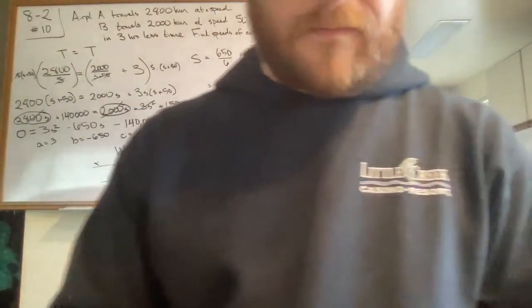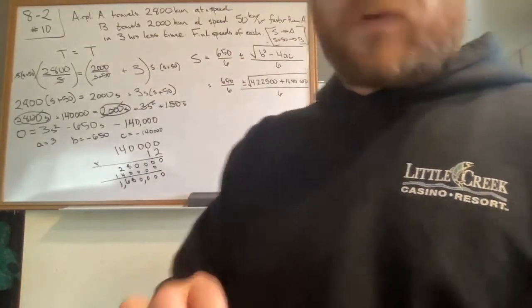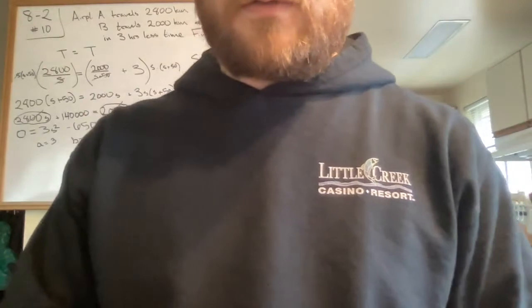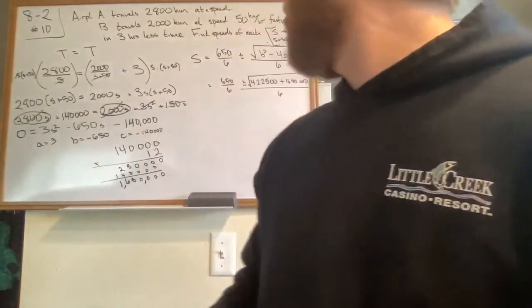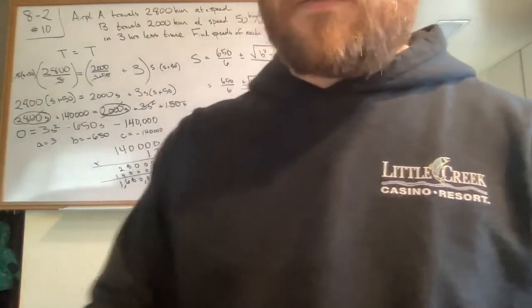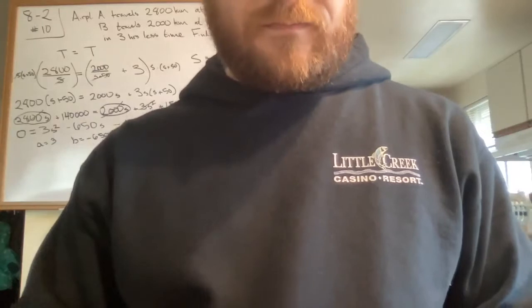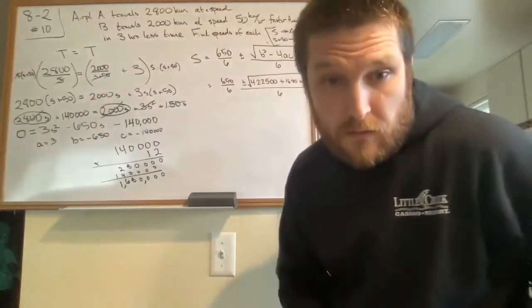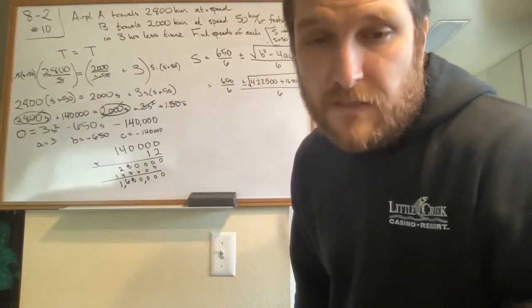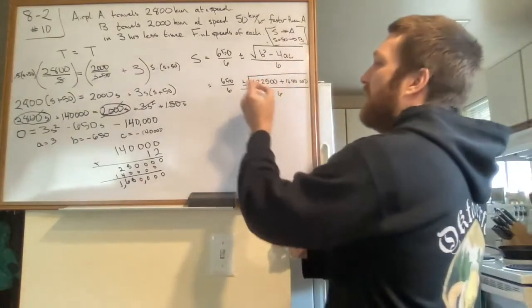The square root of 422,500 plus 1,680,000 comes out to 1450. Okay, so all that right there, I plug that in.